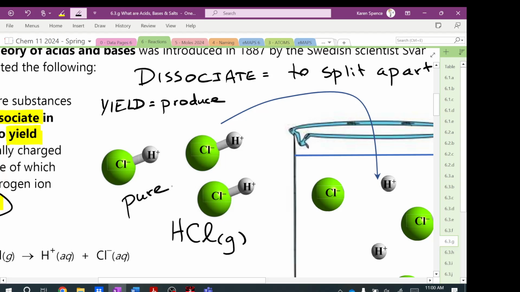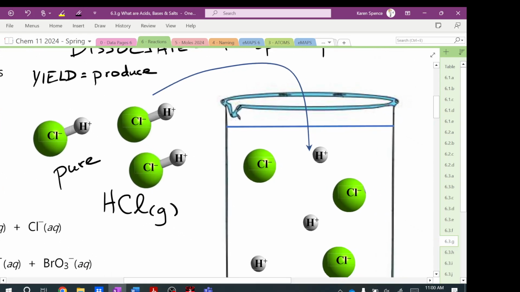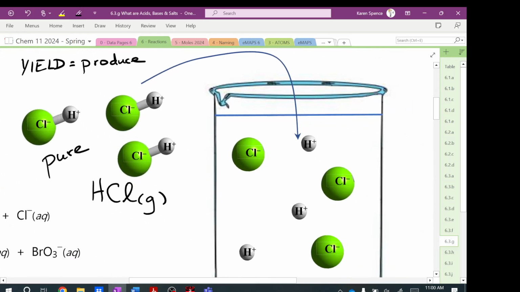Now let's drop it into the water. When we drop it into the water, what do you notice about those bonds? They're gone, right? They split apart, and now you have freely floating ions.